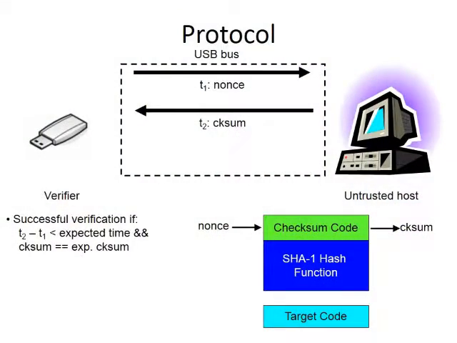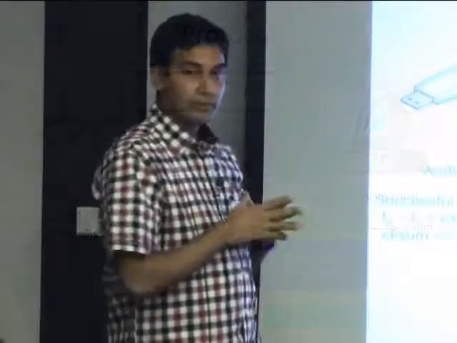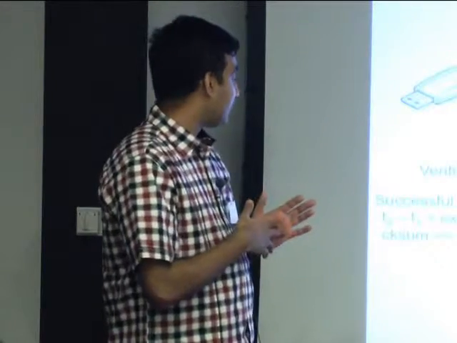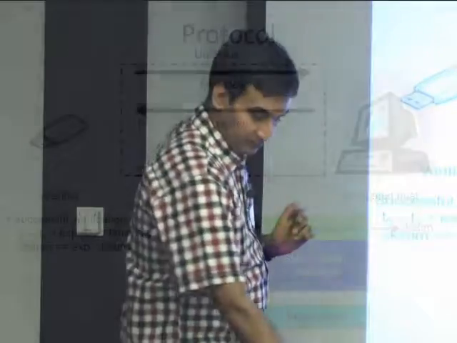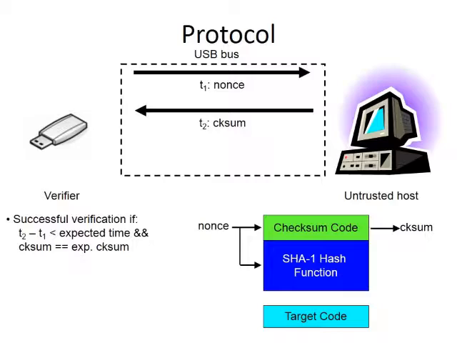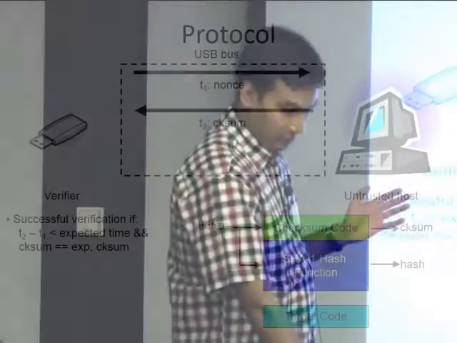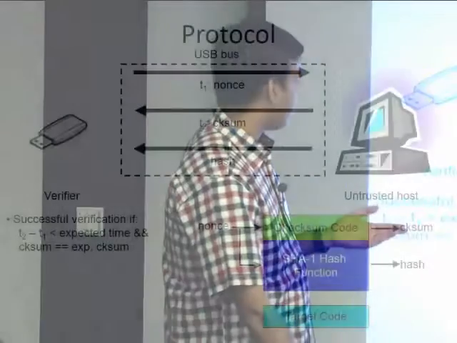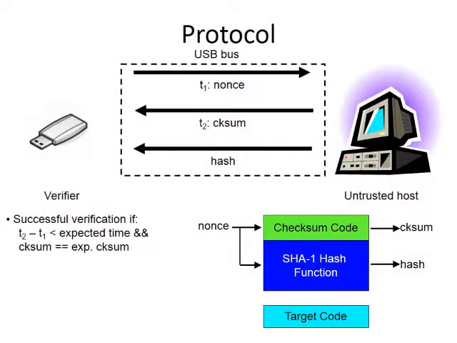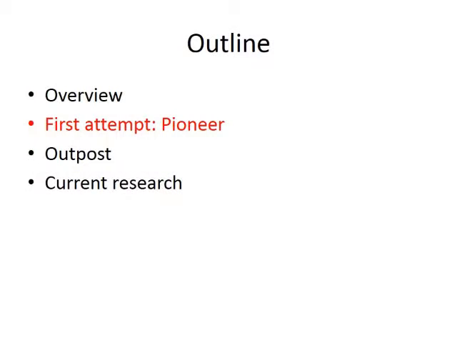Because of the timing property, the verification is declared to be successful if t2 minus t1, the time elapsed for the computation, is less than the expected time, and the checksum equals the expected checksum. The nonce is again fed as an input to the SHA-1 hash function, which computes the hash of the target code as a function of the nonce, returns that hash, and then finally invokes the target code for execution. So this is the protocol. That sort of completes the overview of the system.